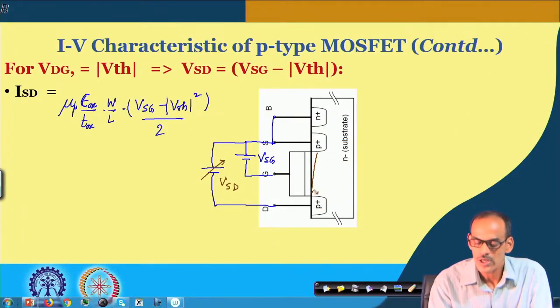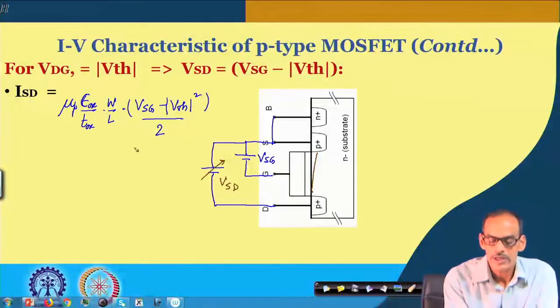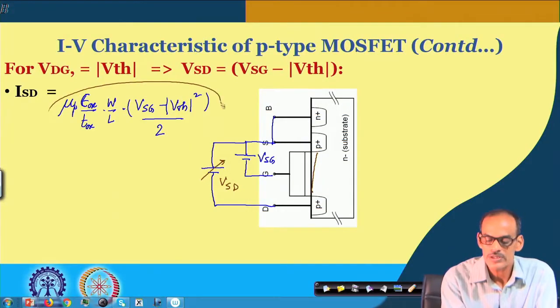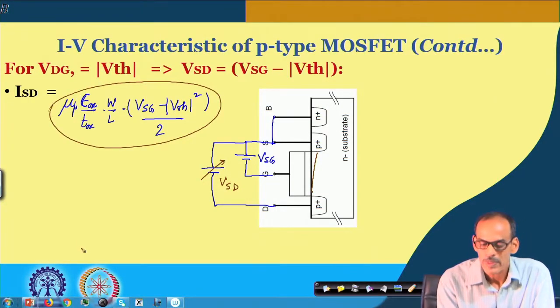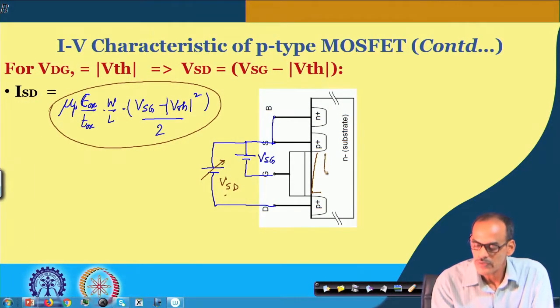The corresponding current practically remains the same as this one, but depending on the value of VSD, the pinch off point will depart from the drain, and as a result the effective channel length will get shortened compared to the metallurgical or the initial length we are having.